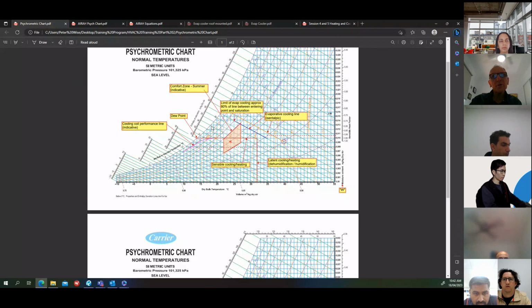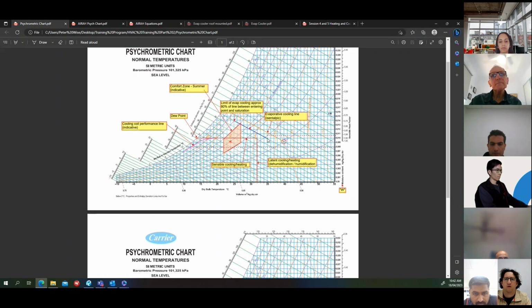Okay, so if you've got a point on the psych chart, here I've got 35 degrees dry bulb, and the moisture content, well, it's a wet bulb of 21 degrees. So that's, say, Melbourne design conditions. So you've actually got some capacity for evaporative cooling in Melbourne in those conditions.